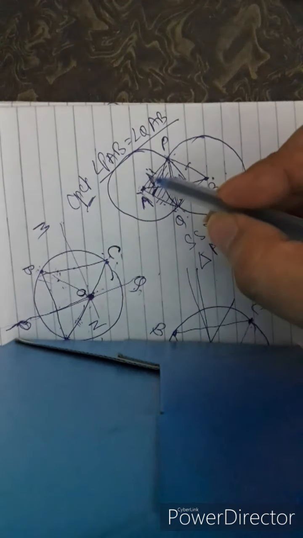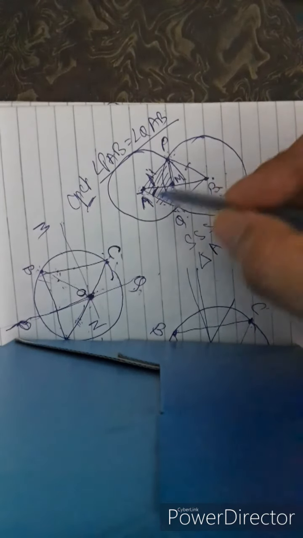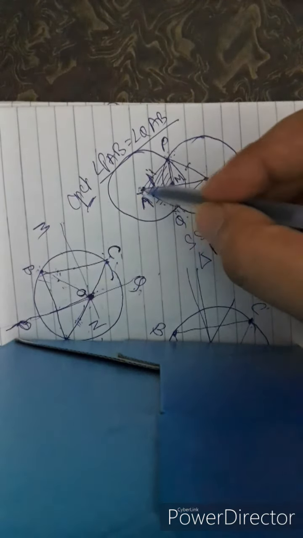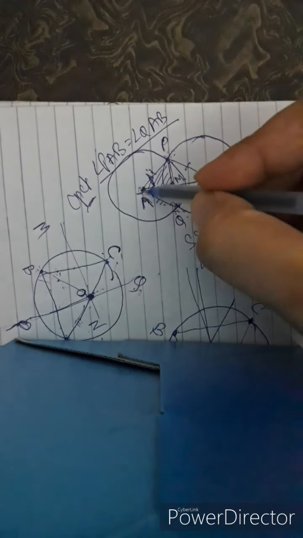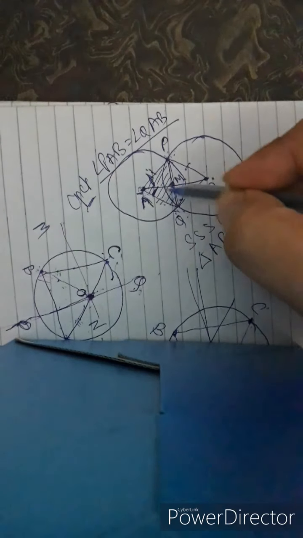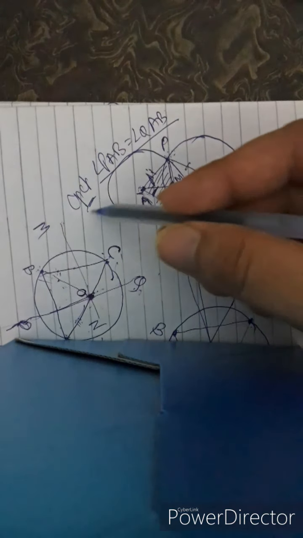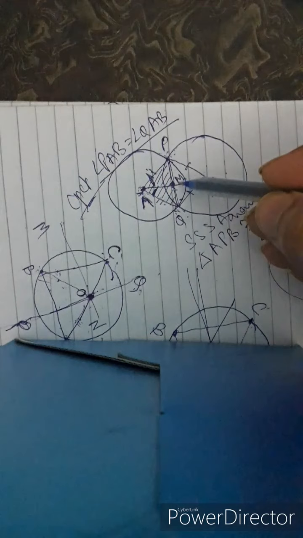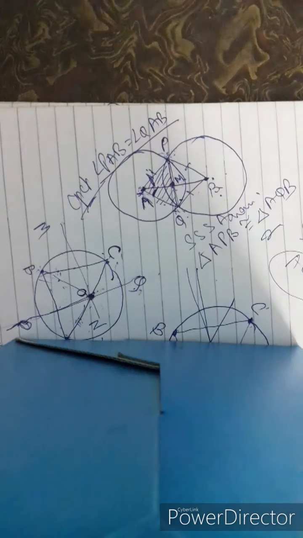So now we already have AP equals AQ, since they are the radii of the same circle. AM equals AM, since it is the common arm between the two triangles PMA and QMA. And we just proved by CPCT that angle PAB equals angle QAB, therefore angle PAM equals angle QAM.